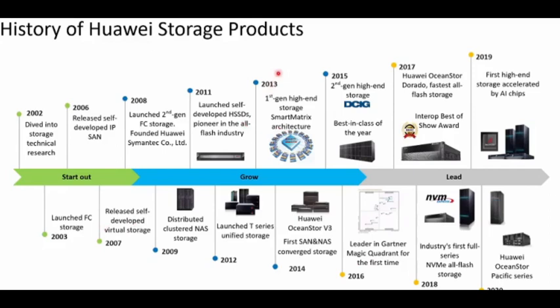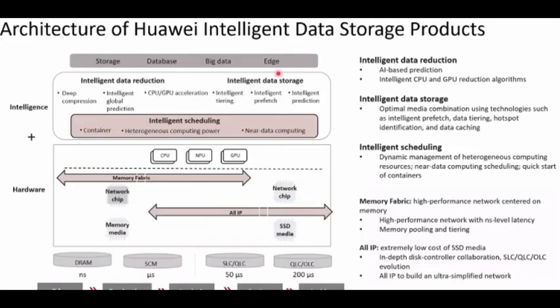So for now, you just need to understand Huawei has a long history of storage products. Not new. From the early 2000s, Huawei has already started developing their storage environment, and they are actually leading in storage technology in some sense. Architecture of Huawei intelligent data storage products. Huawei data storage products cater for all kinds of environments, such as single-level cell, triple-level cell SSDs.